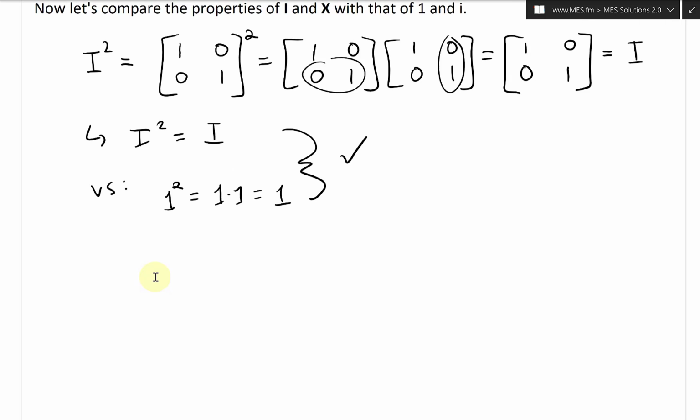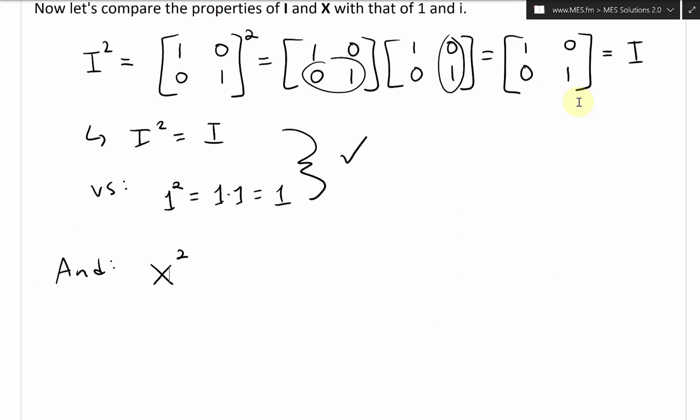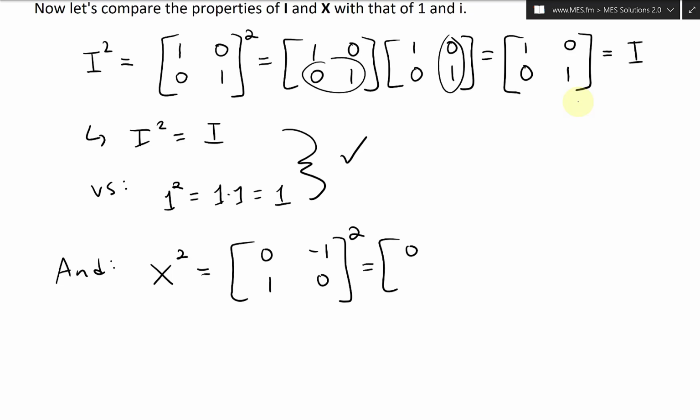So that's the first one. Now let's check X squared. X is [0, -1; 1, 0]. So X squared is [0, -1; 1, 0] multiplied by [0, -1; 1, 0].